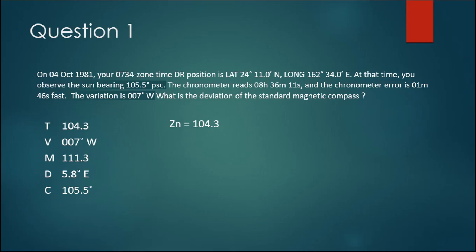This 5.8 east is your final answer on the azimuth problem. So just grab that worksheet, do the work downs on it, and the next lesson will be a worksheet with different azimuth problems on it.